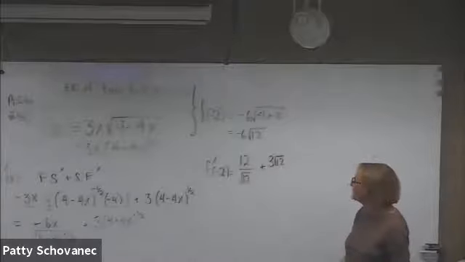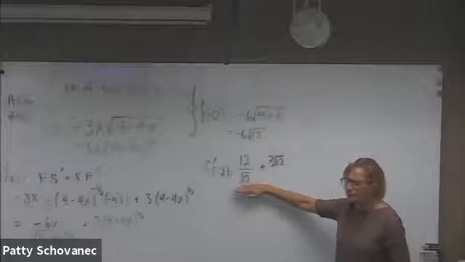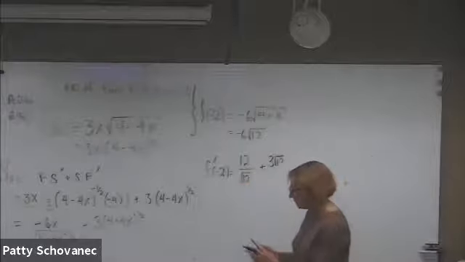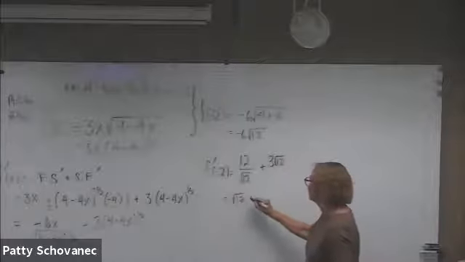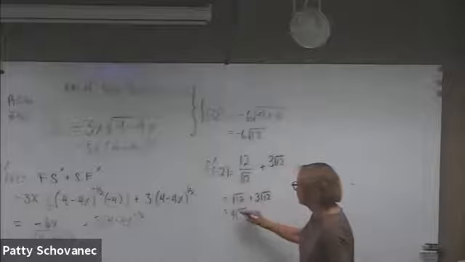We can put this together a little bit better if you rationalize the denominator here. What does this look like when you rationalize the denominator, this first term? 12 root 12 over 12. So the 12s will cancel, and this is just root 12, right? So I got 1 square root of 12 plus 3 square root of 12 to give me a grand total of 4 square root of 12.